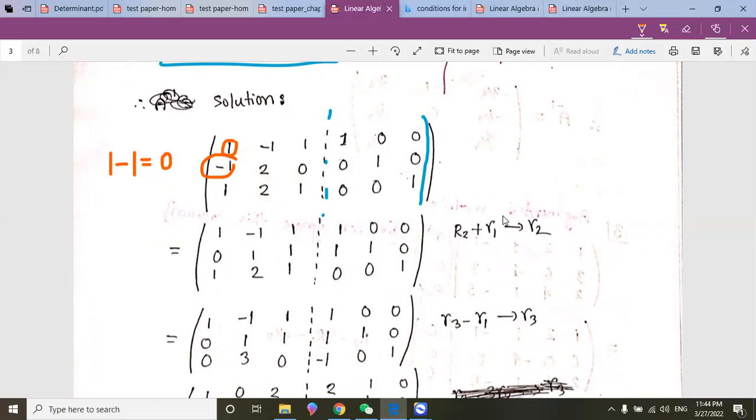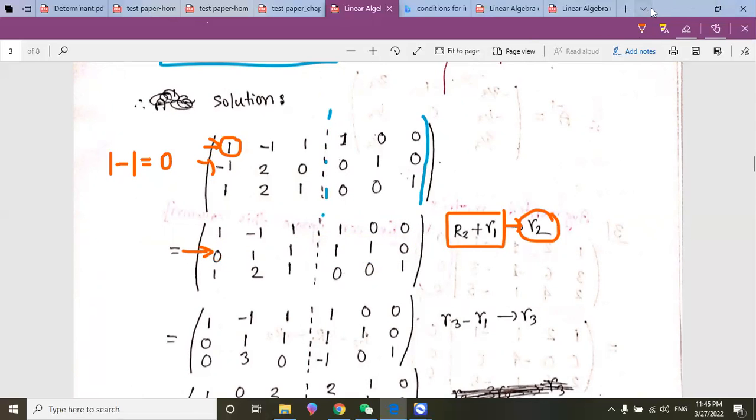That's why I have written here R2 plus R1, and then we put the value into R2. Okay, we put the value into row number 2. So if this is our first pivot point and I add the first row to the second row, 1 minus 1 is 0. Just change the value from here, not anywhere else.